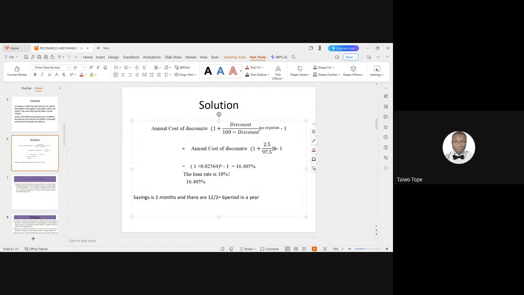So this is trying to use the annualized approach.